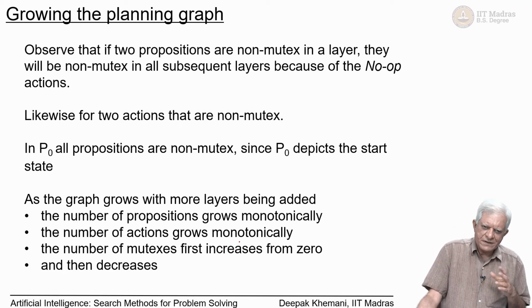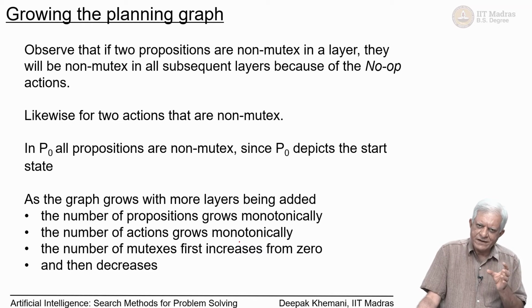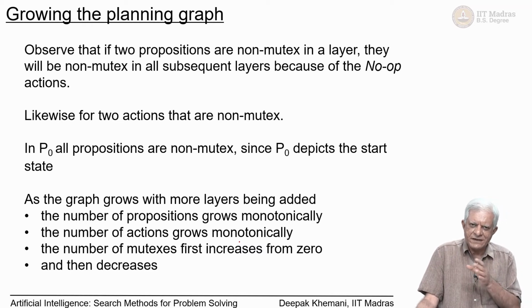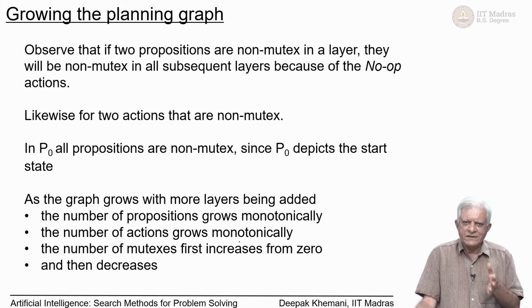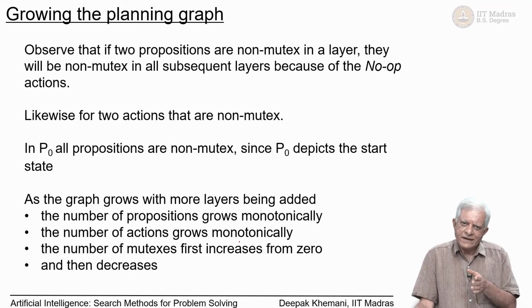So, for example, if A is on B and C is on D, then you can unstack A and put it on the table, you can unstack C and put it on the table in the first 2 layers. In the first layer you unstack A or you unstack C. In the second layer you put it down on the table, but both A and C cannot be on the table at that point.